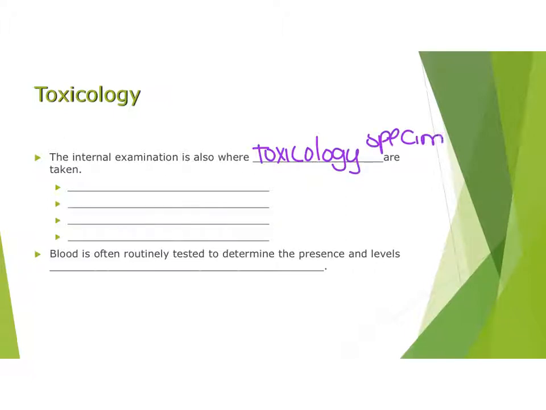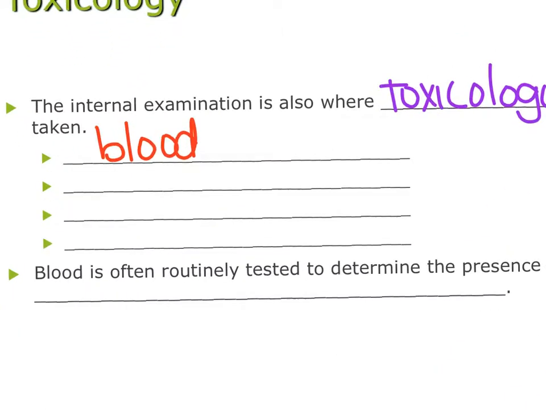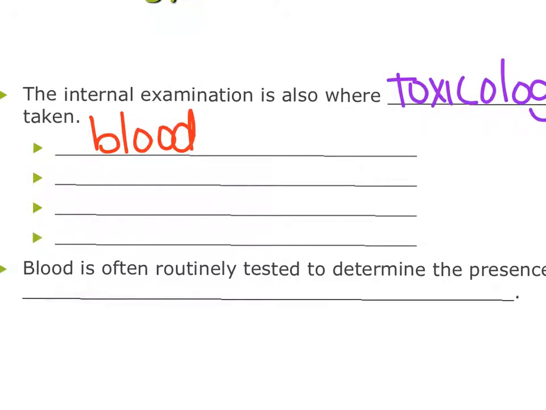So some of the toxicology specimens that are taken are going to be, of course, blood. You won't be able to get blood because yours are filled with formalin. But you will be able to get the stomach contents.